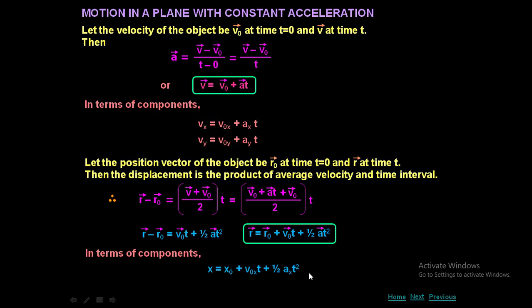Similarly, along y-axis, you can write the same equation, that is the y component of this vector, as y equal to y naught plus v naught y t plus half ay t square. So this is how you are going to resolve the vector in a plane into two components, one along x-axis, another one along y-axis.